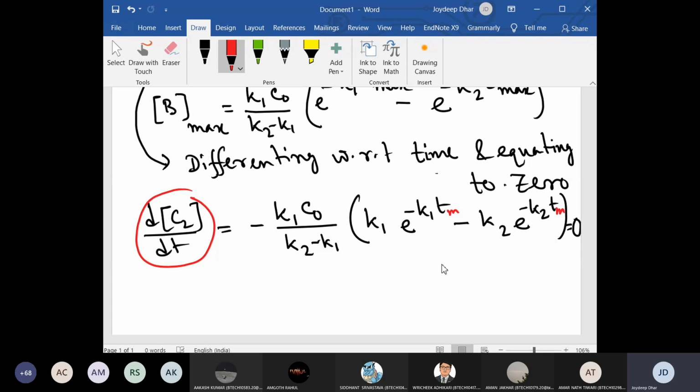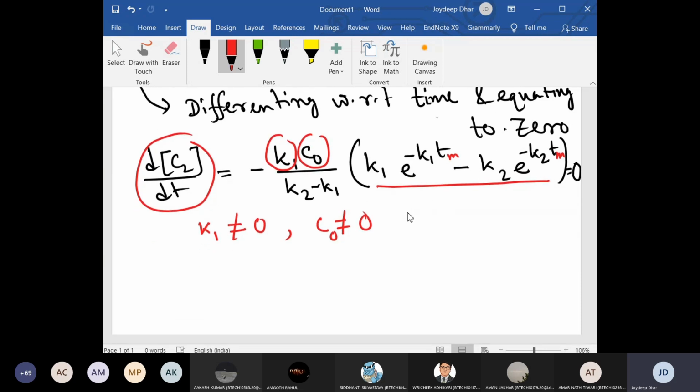Now you can see it is equal to 0, so it can be 0, but K1 is not equal to 0, C naught is not equal to 0, so this is also not equal to 0. So this equation can be 0 when the term inside the bracket is 0.